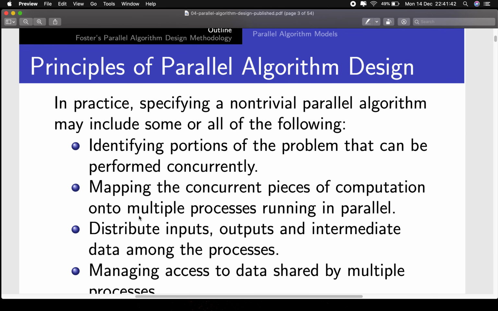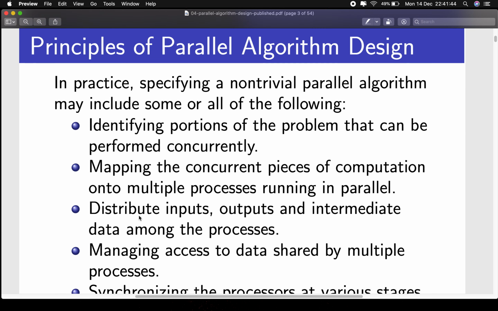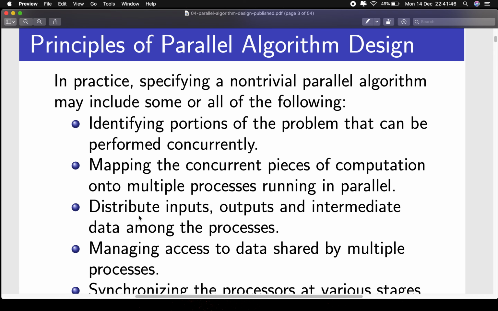So let's move directly to the principles of parallel algorithm design.